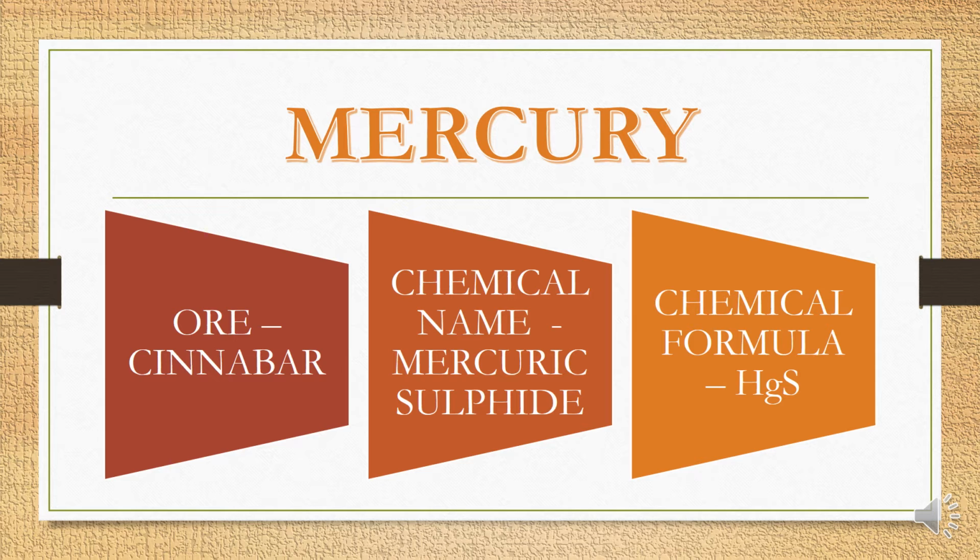So I can say its chemical name is mercuric sulfide and its chemical formula is HgS. We are going to convert this HgS into pure Hg or mercury.